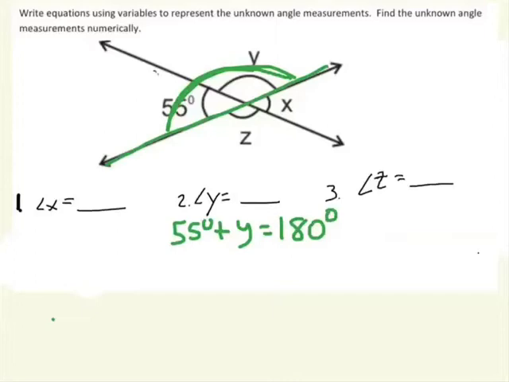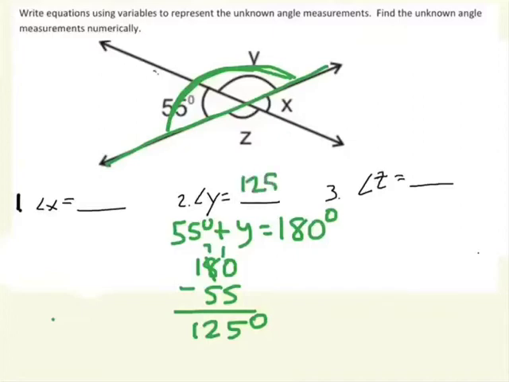So to find the measure of angle y, we'll take 180, subtract 55, and get 125 degrees. So angle y equals 125 degrees. Now if angle y measures 125 degrees, guess what we also will know? The vertical angle, which is angle z, will also equal 125 degrees, won't it?